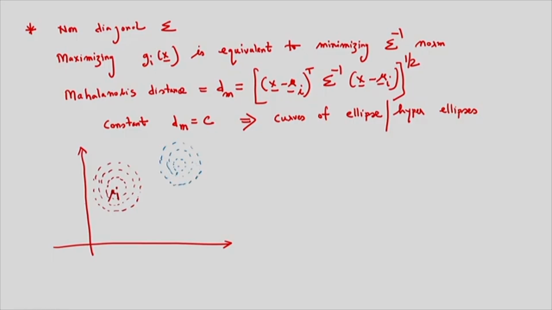So this is mu 2, mu 1 and mu 2. So what is the weight vector? The weight vector is nothing but the difference between these two means. So this is the difference between these two means I am drawing. That is the weight vector. Now my decision boundary will be perpendicular or orthogonal to this vector. So this is my decision boundary.